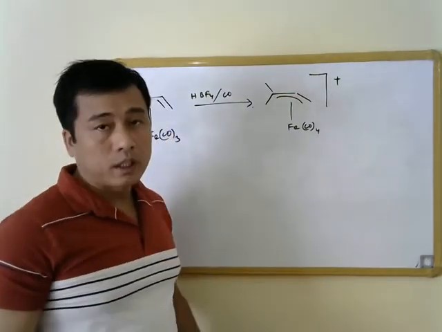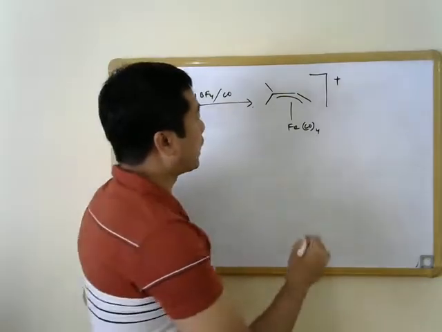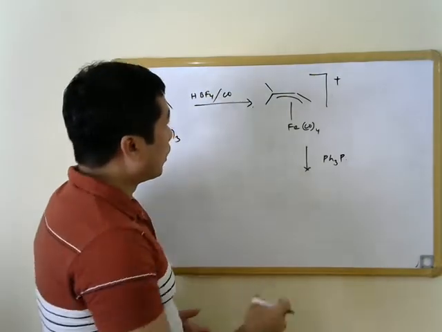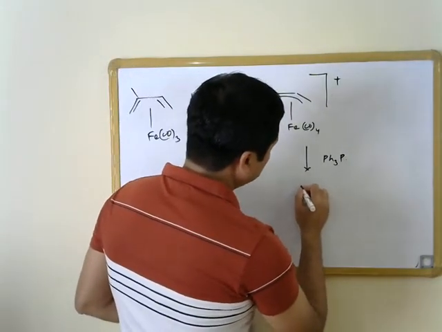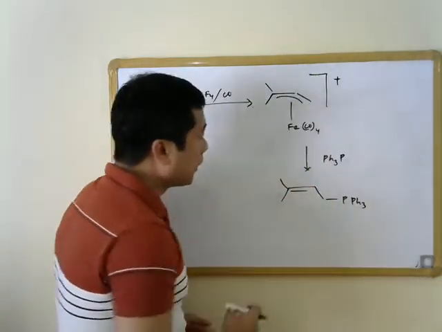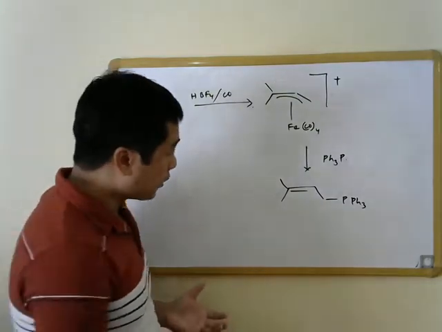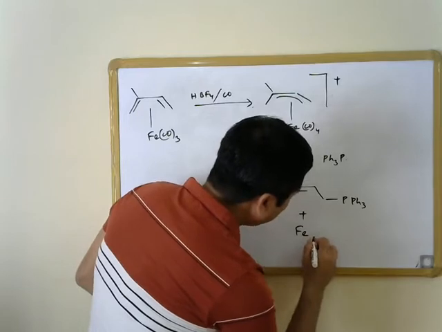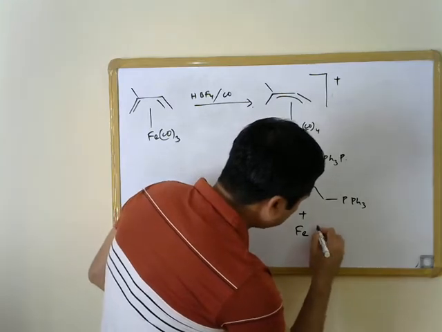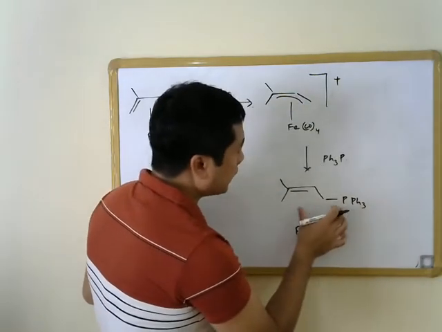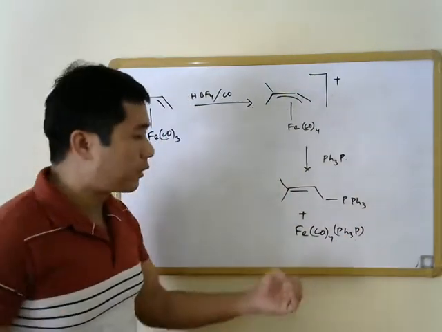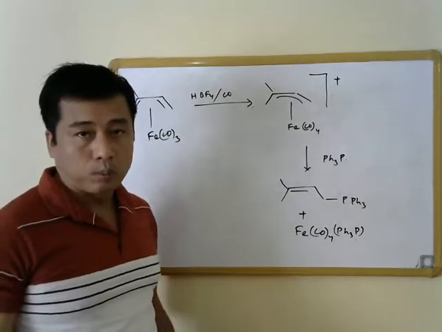This complex is going to be positively charged, and on such cationic allyl complexes nucleophilic attack can take place on one of the terminal carbon atoms, and this will give us this product. Although the diolefin complex is first formed, such diolefin complexes are unstable, and that is why the complex will undergo decomplexation and produce the olefin as the product, and the metal will come out as a byproduct as a complex again.